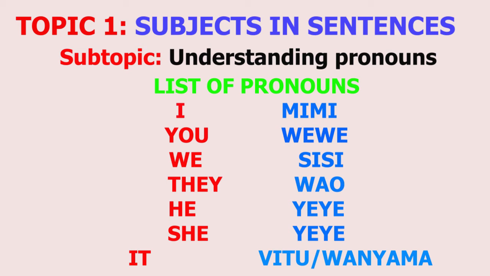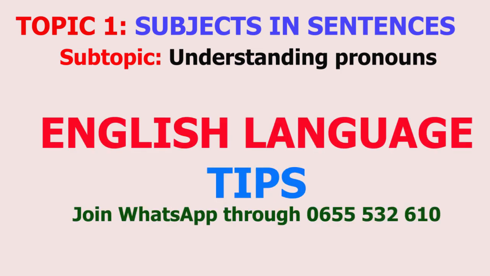He is yeye for male people, and she is yeye for female people. And it, we said that we are using for vitu ama wanyama. And that is how your English will be starting.